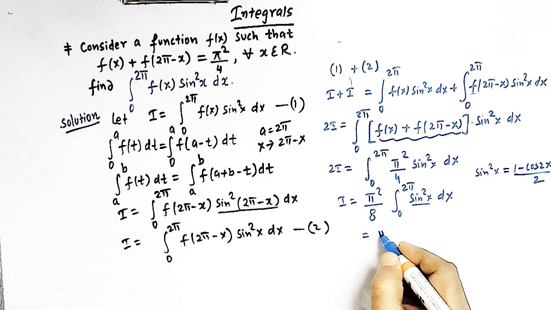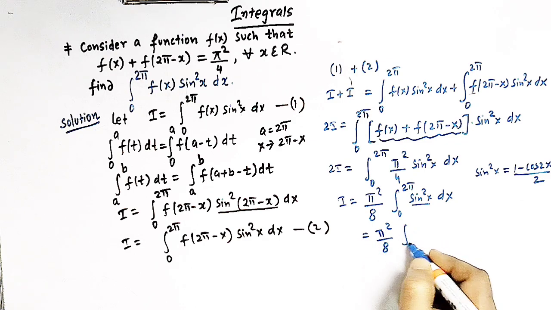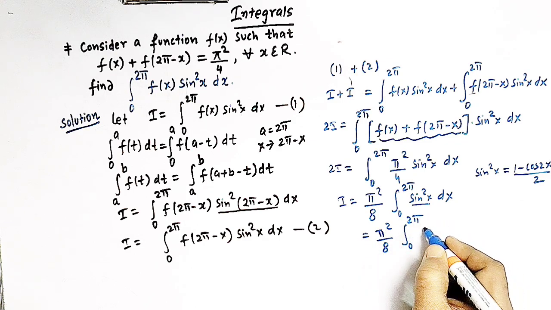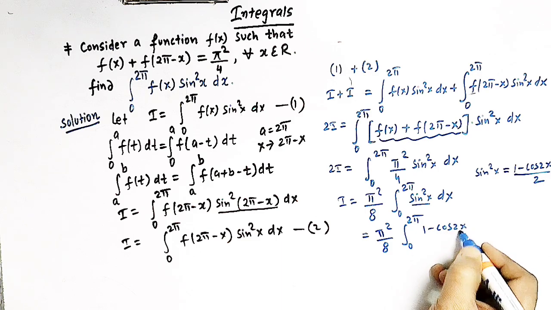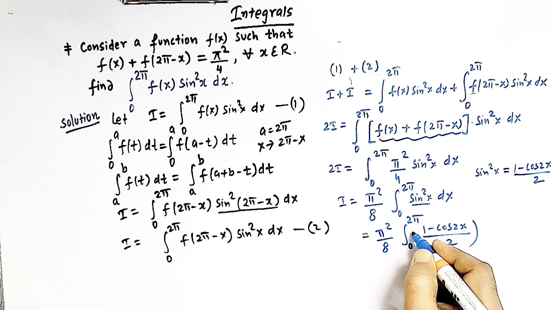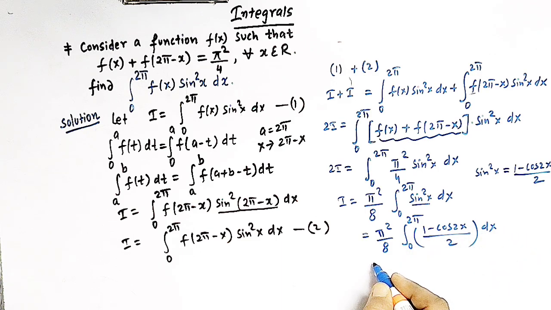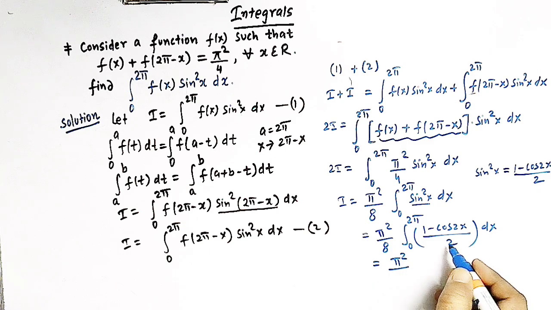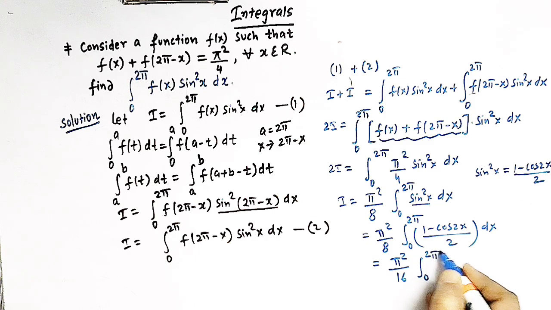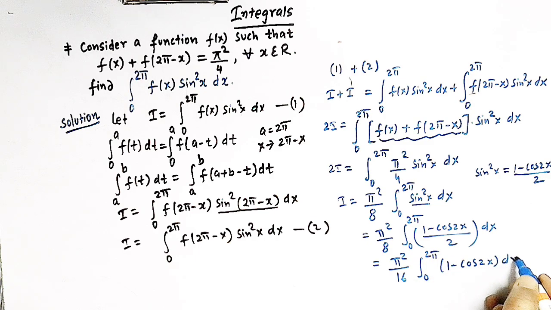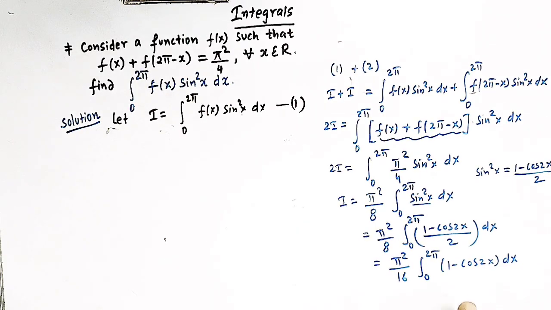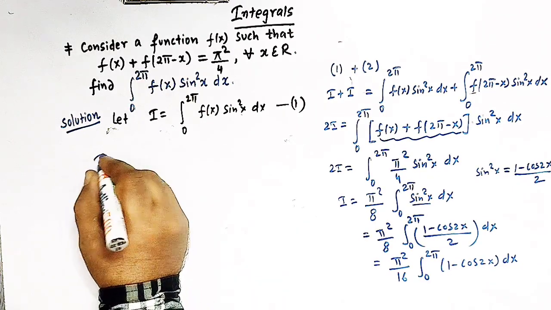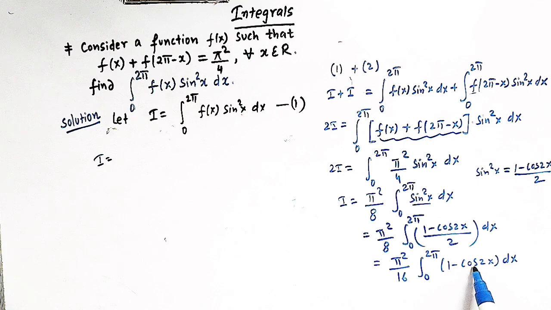So we have pi square over 8, integral 0 to 2 pi, and here we have 1 minus cos 2x over 2, and here we have dx. So this is pi square. Taking this 2 outside the integral, we have 16, and integral 0 to 2 pi of 1 minus cos 2x dx.